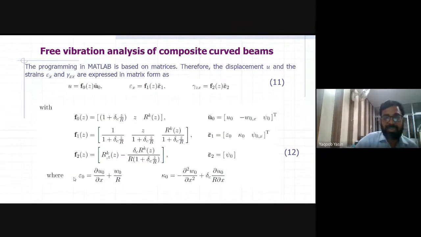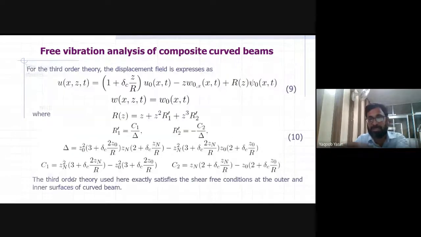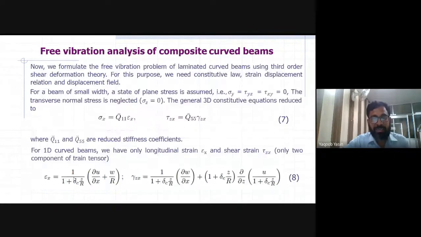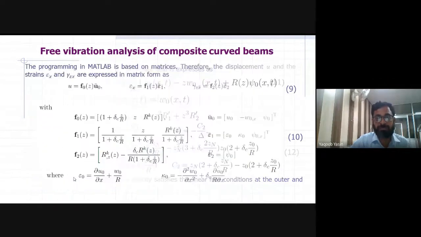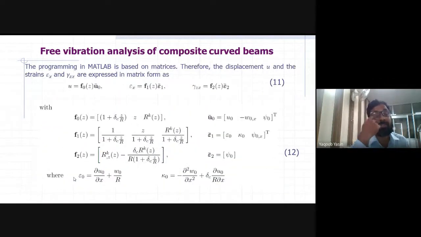Similarly, we can find the strains by substituting these displacements represented in equation 9 into equation number 8. Therefore, we have two strains, epsilon x and epsilon z, and after performing differentiation, we will be able to find the strains in terms of derivatives of the displacements.